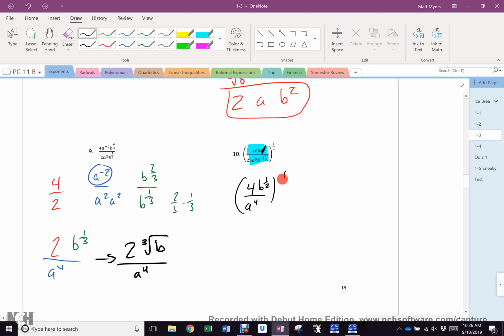Now all of that is to the 1/2. Now it's super easy. Because what gets 1/2? Everything. I get 4 to the 1/2, which I remember is the square root of 4, which is 2. What happens with 1/2 and 1/2? Multiply. What is 1/2 times 1/2? B to the 1/4 over what is 4 times 1/2?